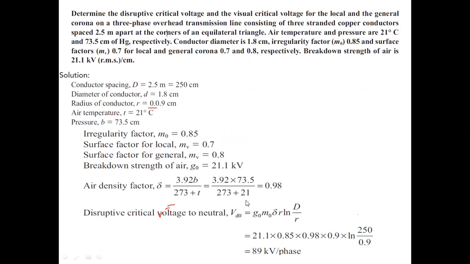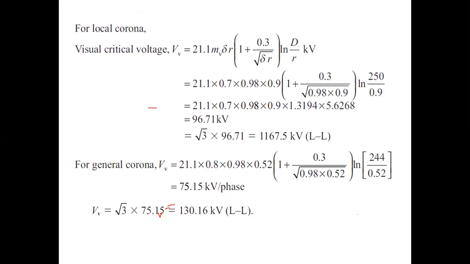So first you will hear the audible hissing noise, and then if the line voltage exceeds 96.7 kV, along with the hissing noise you will also observe the violet glow which will surround the conductor. For line to line voltage, you have to multiply this with under root 3. So 96.71 into under root 3.